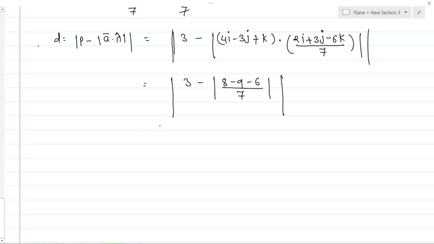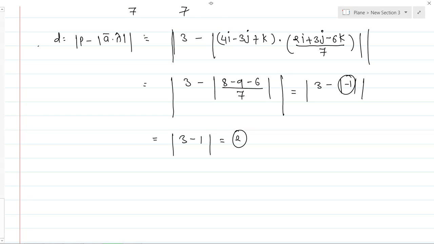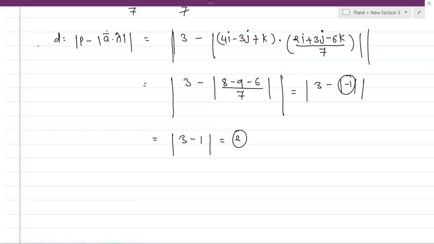So 8 minus 9 is minus 1, minus 6 is minus 7, and minus 7 by 7 is nothing but minus 1. If I remove all the modulus, I will have 3 minus mod of minus 1, which becomes plus 1, so this is equal to 2. So the distance of the point from the given plane is nothing but 2.